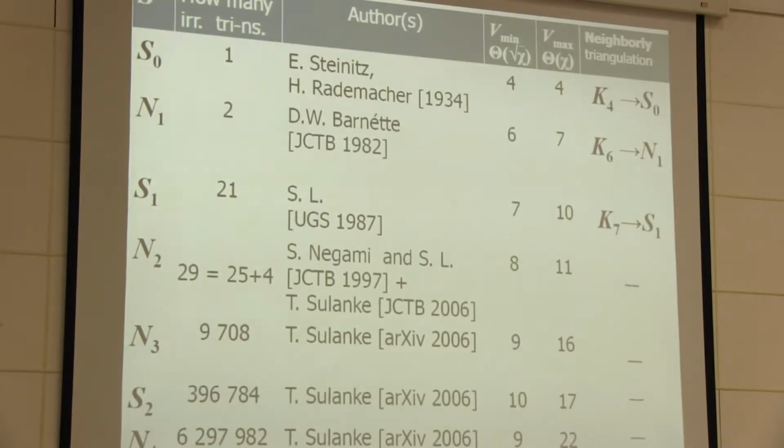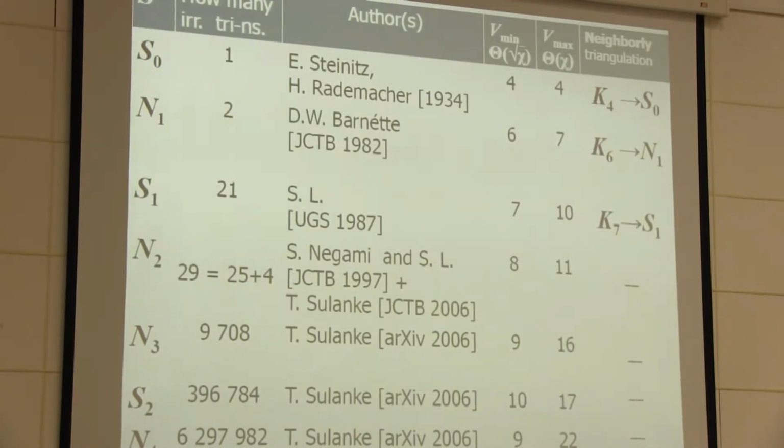Okay, and Sulanke didn't stop at the Klein bottle. He wrote a very efficient algorithm finding all irreducible combinatorial types of triangulation of any closed surface. And here he wrote a computer program, and he found all the irreducible triangulations of N3, sphere with three crosscaps, S2, the double torus, and N4.